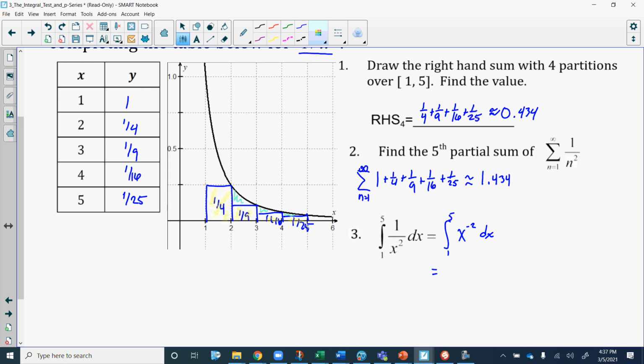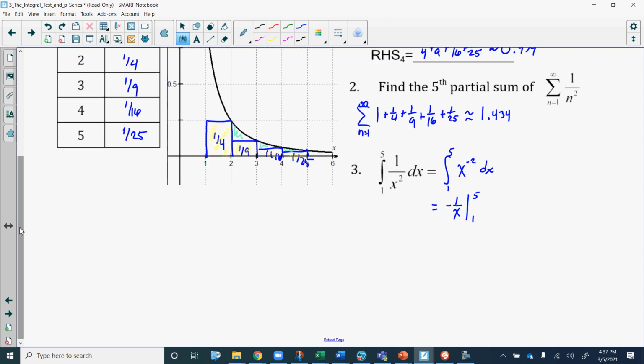When I do, I wind up with negative 1 over x evaluated from 1 to 5. So let's see what we get here.